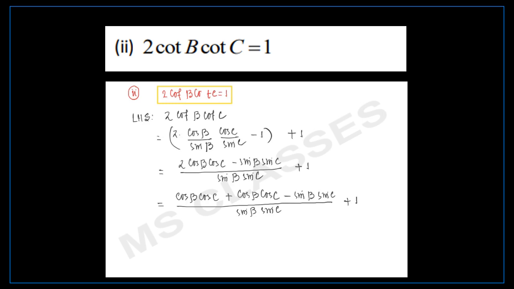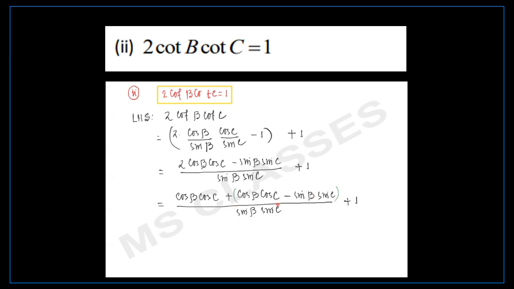Okay, just we had here 2 cos B cos C, so I have written it as cos B cos C plus cos B cos C minus sin B sin C. Now, this part is what? Cos B plus C formula.